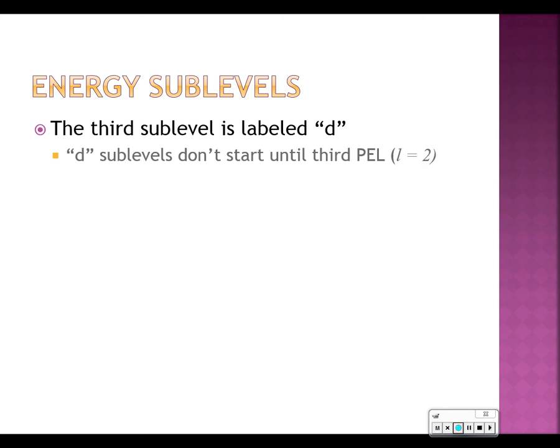D sublevels don't start until we get to the third principal energy level. Remember, as we move farther out, there is more room where electrons can find a space where they can be close to the nucleus, or as close as they can, while still being repelled by all the other electrons.